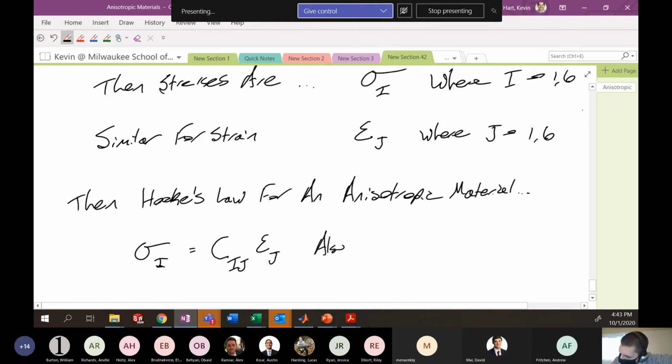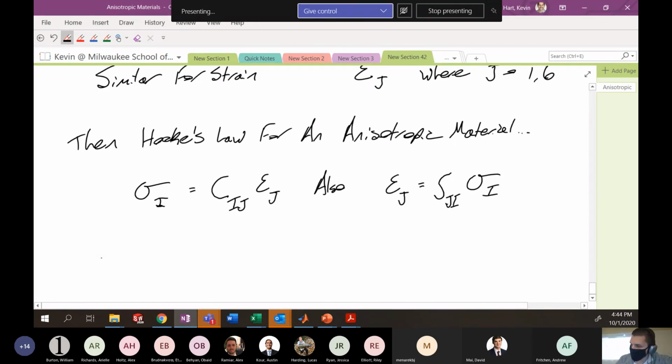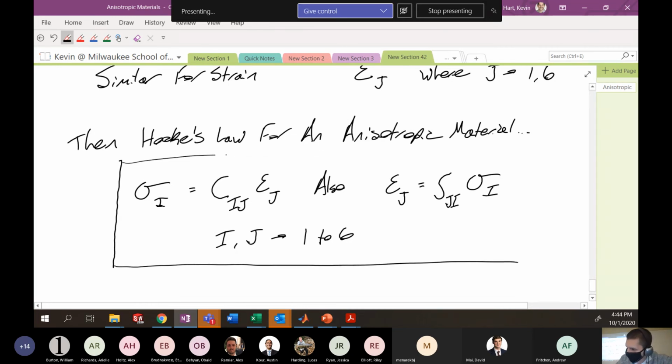Similarly, the strain can be represented using the compliance matrix S times the stress. This is the most general form of Hooke's law, right here.